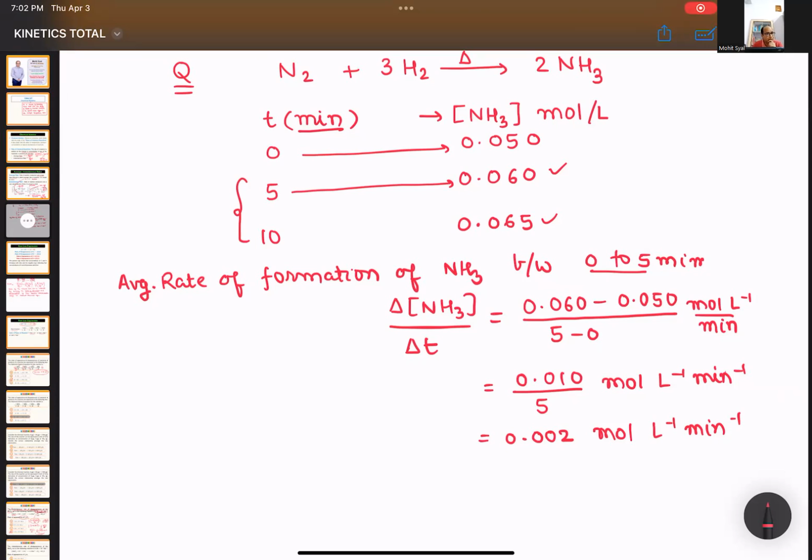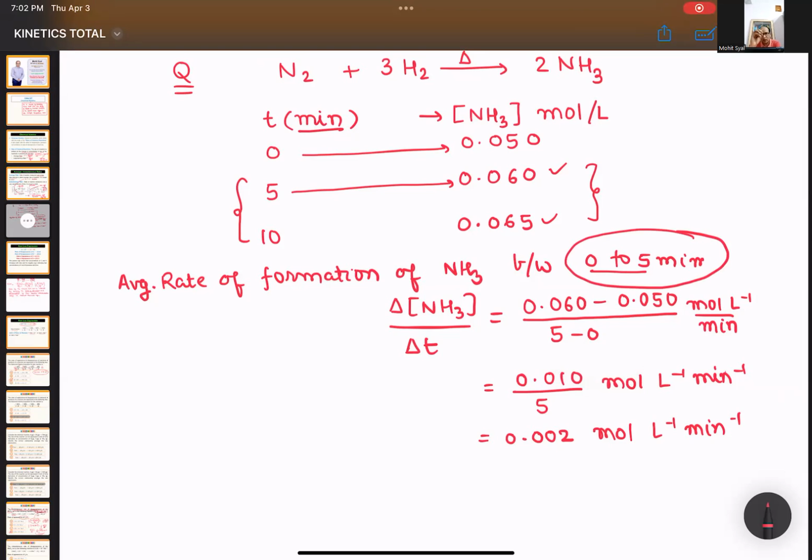Are we not subtracting the third value? There are three times and three concentrations, and we have used only two. We should use it depending upon the question.